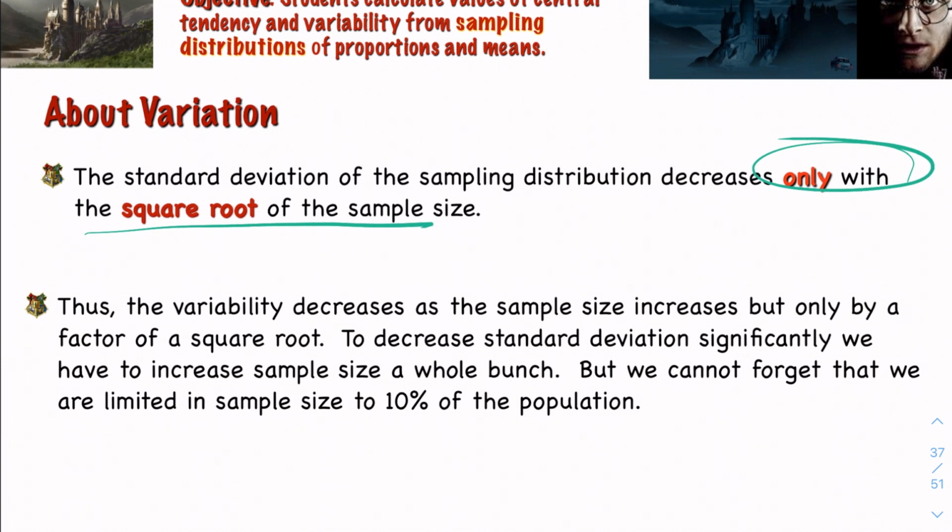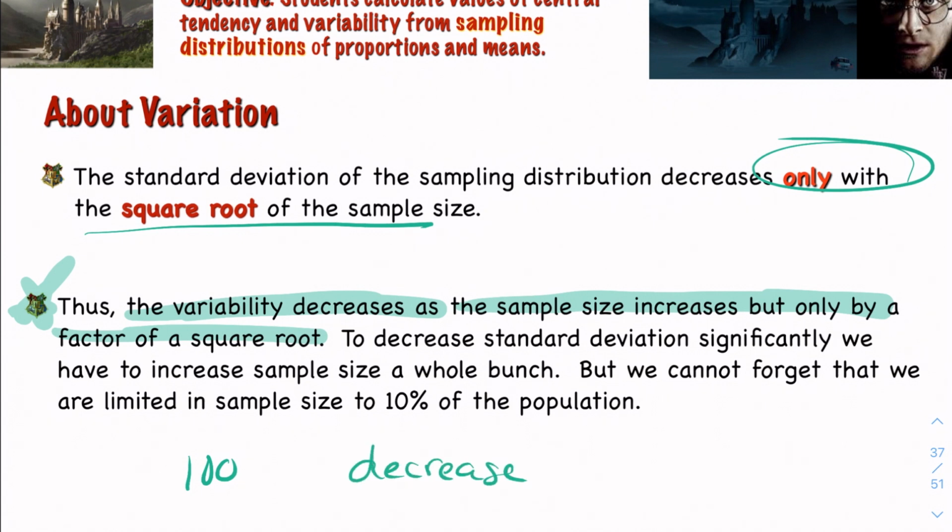Thus, and this is important, the variability, the spread, decreases as the sample size increases, but only by a factor of the square root of n. So if you ask 100 more people, then the sample variability will only decrease by 10.